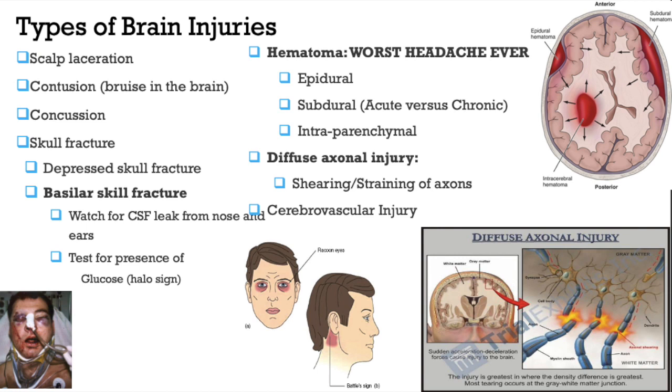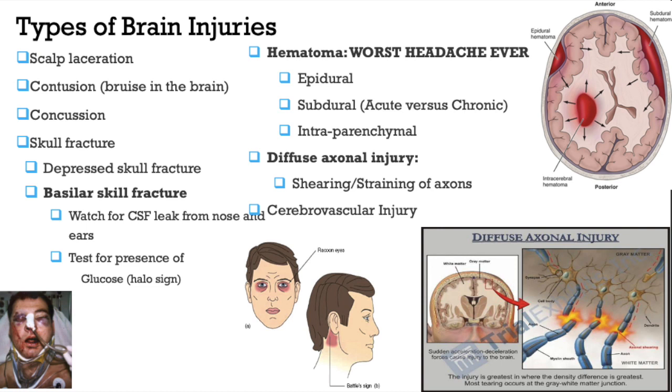When we have a depressed skull fracture, this occurs when part of those bone fragments become depressed and then embedded into brain tissue, which can, of course, harm that brain tissue and cause that localized swelling and then that secondary injury that results. It's important to keep in mind with a basilar skull fracture, you may have a cerebrospinal fluid leak.